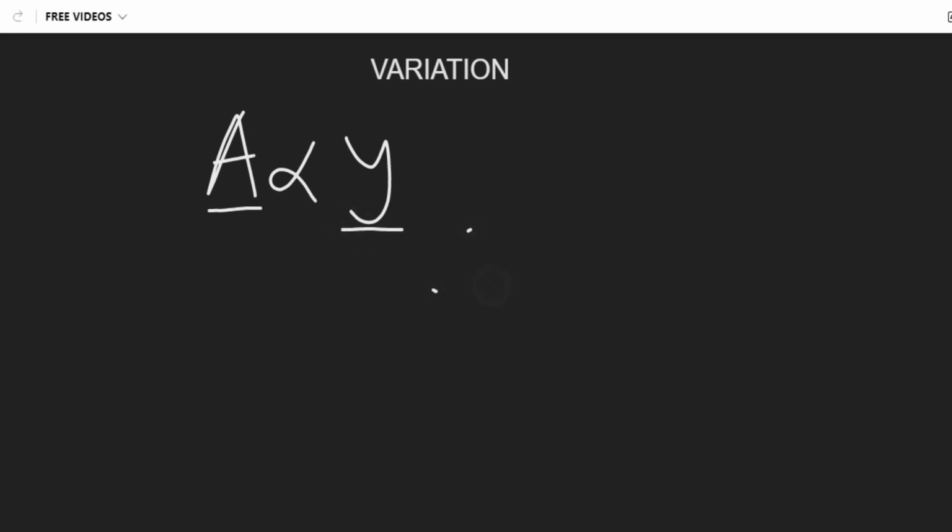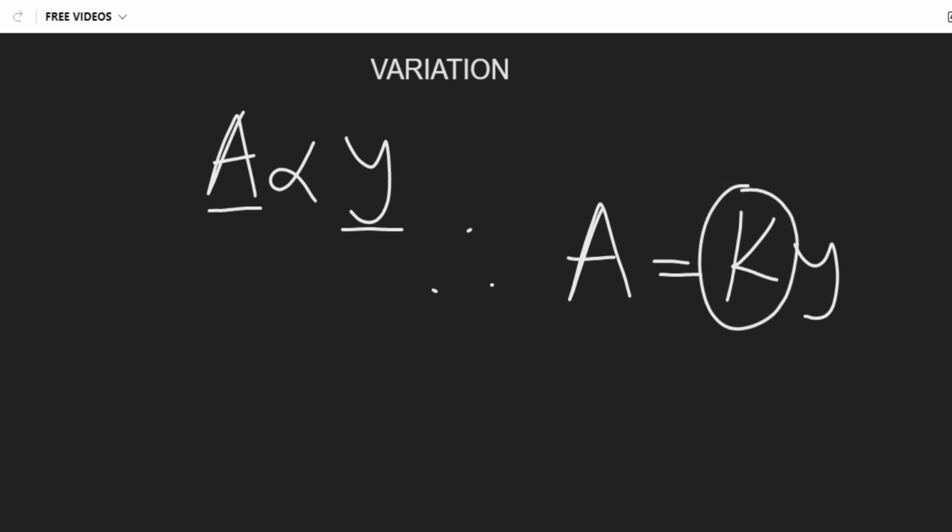And therefore, we'll have A equal to K times Y, where K is a constant of proportionality that has taken away this proportionality sign.